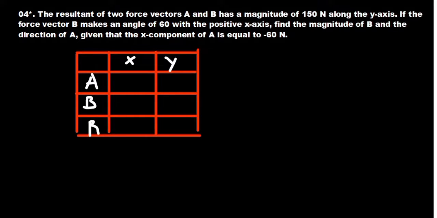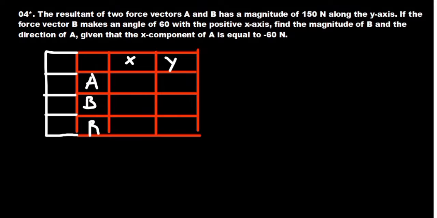Remember, all these vectors should have a magnitude, so I'm going to show the magnitudes to the left of the table. That's where I'm going to show the size of the vector itself.